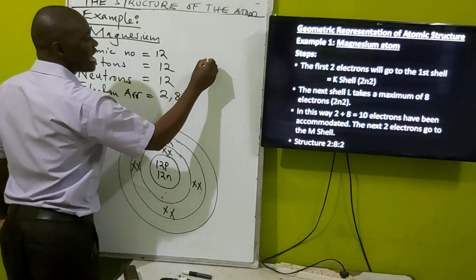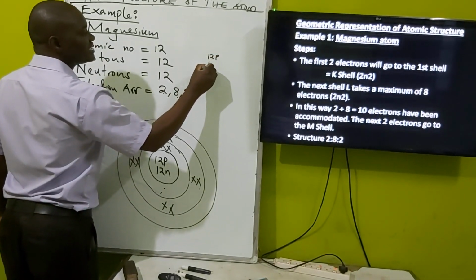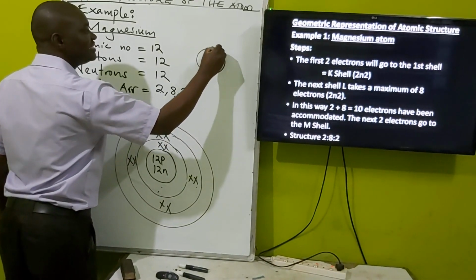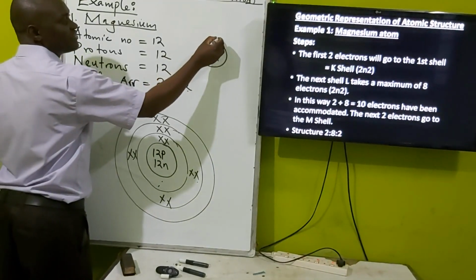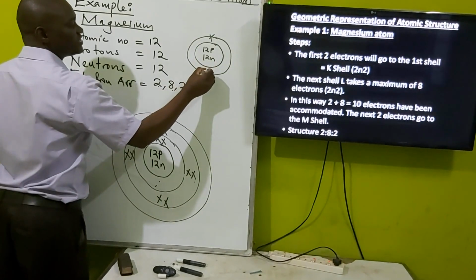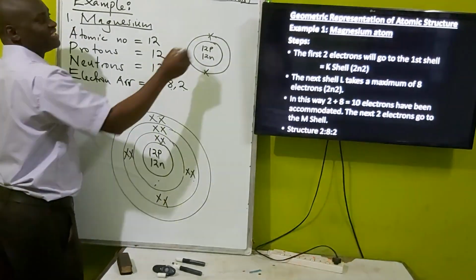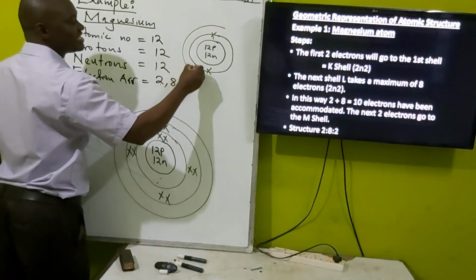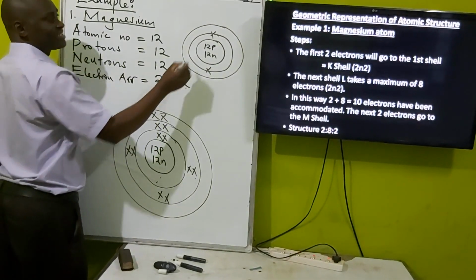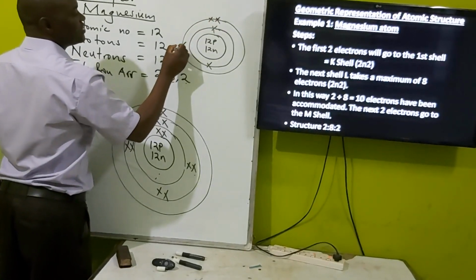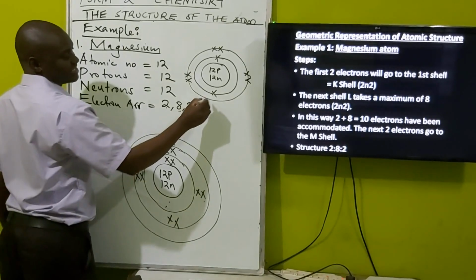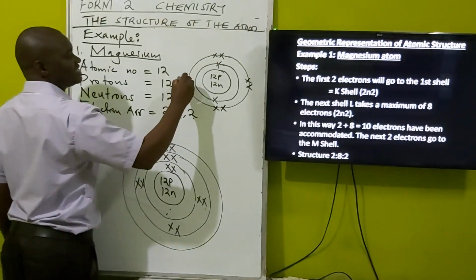Or you can have 12 protons and 12 neutrons in the nucleus, then the first energy level will have 2 electrons. The second energy level will have 8. Those are 2, 4, 6, 8.